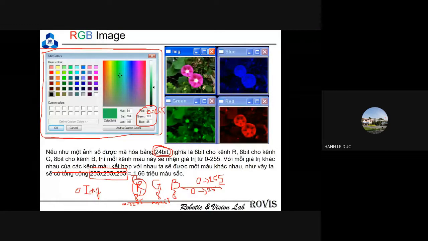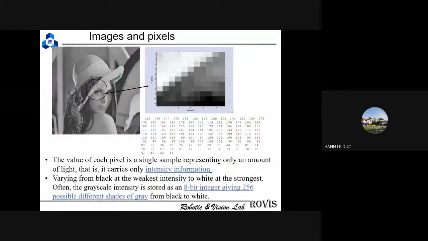About the grayscale image, because it just has one channel, similar to one LED, at each point here they will encode from 0 to 255.